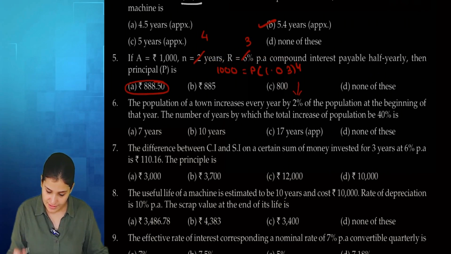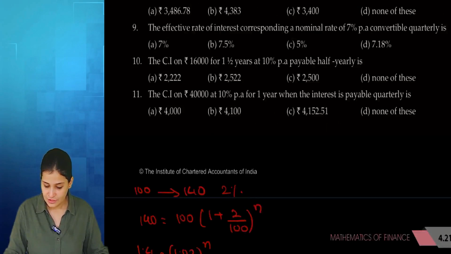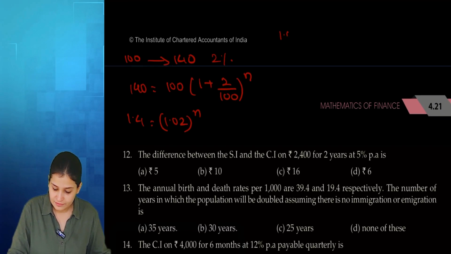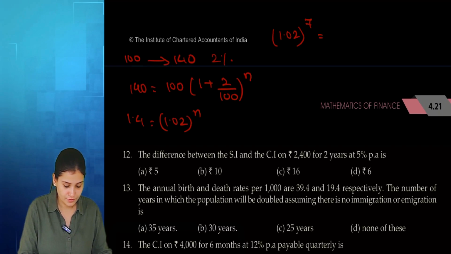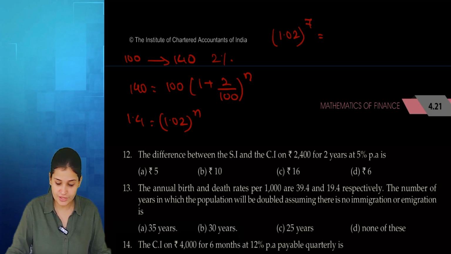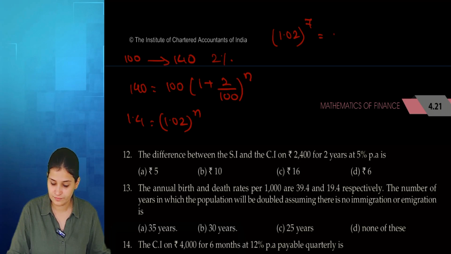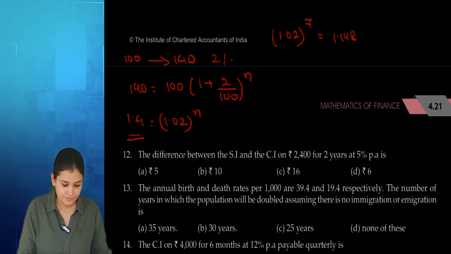Now our options are 7, 10, 17. So let us first stop at 7. How much did we get? 1.1486. This is very far. We want 1.4, right? So let us go till power 10.